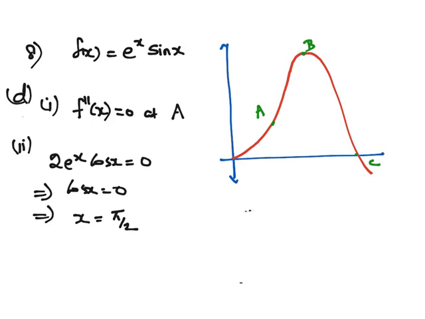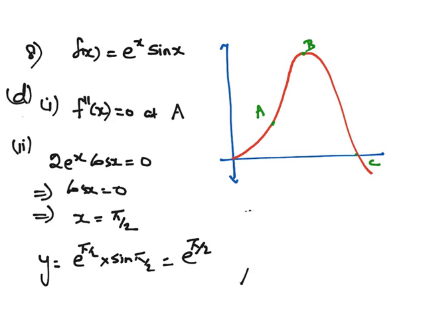Now they ask you to find the coordinates of A, so you need to find the y coordinate also. Substitute pi by 2 in the function, so e power pi by 2 times sin pi by 2. We know sin pi by 2 is 1, so e power pi by 2 is the y coordinate.